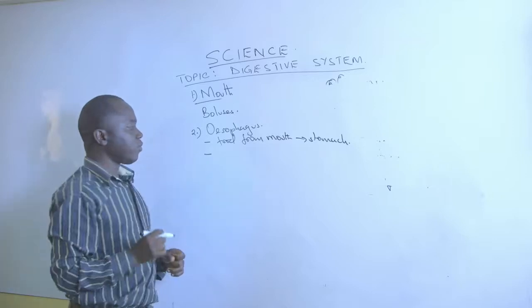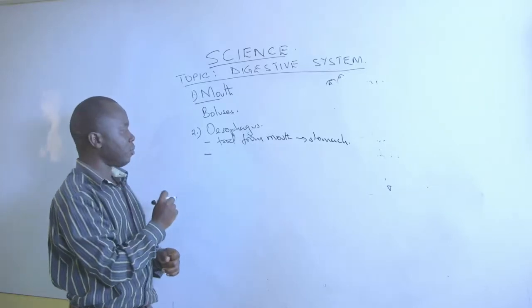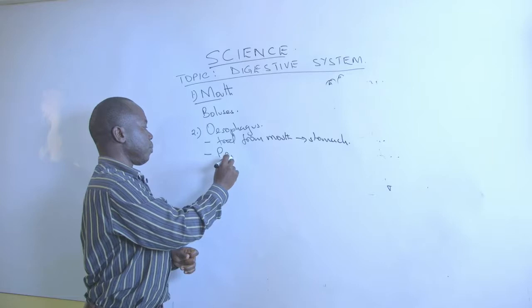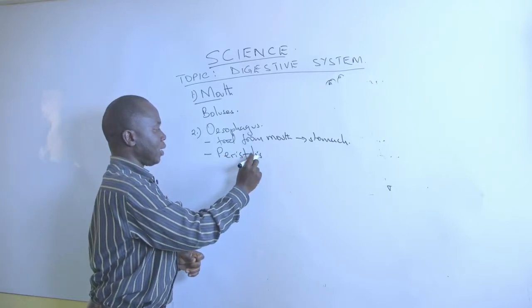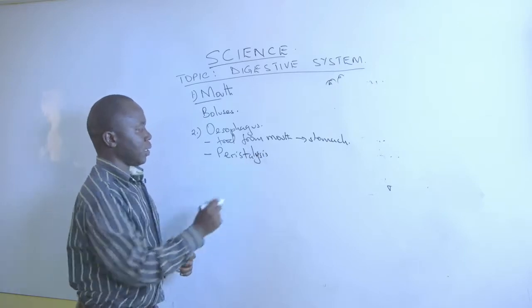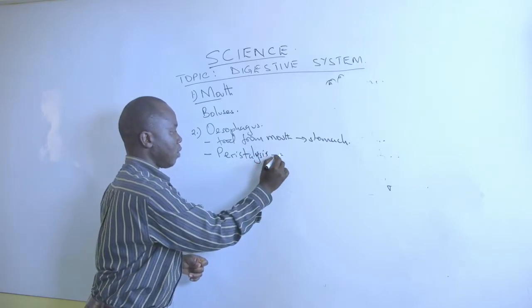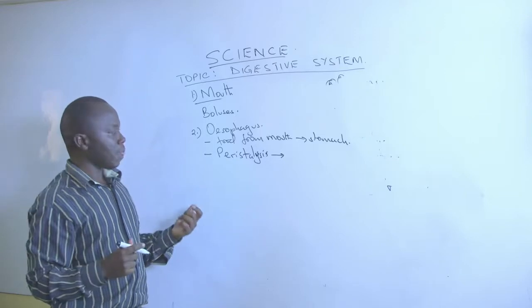How does food move? We have mentioned that it moves by a process called peristalsis. So what is this peristalsis?